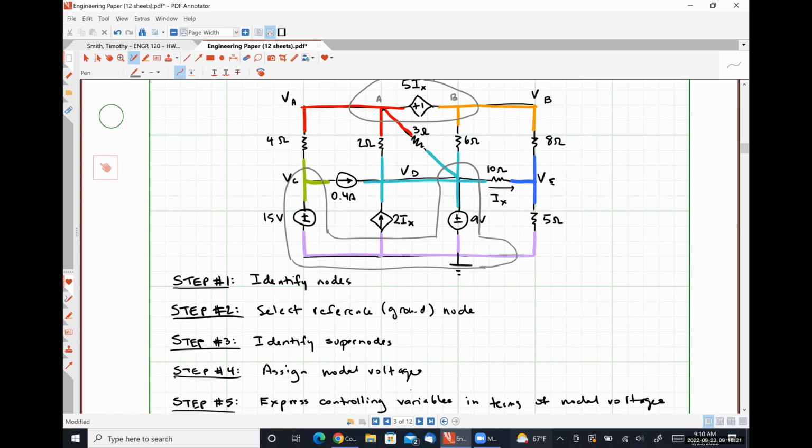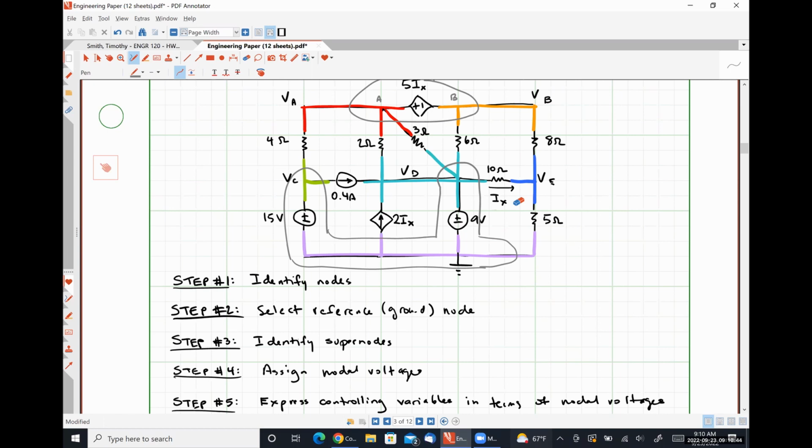So Ix is this guy right here, the current flowing through the 10 ohm resistor. So try again. VD minus VE over 10.